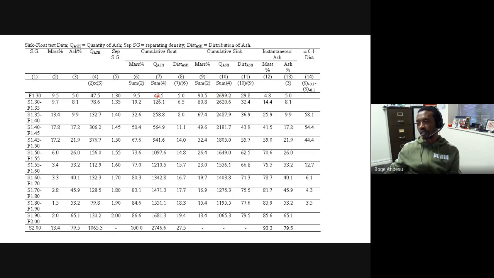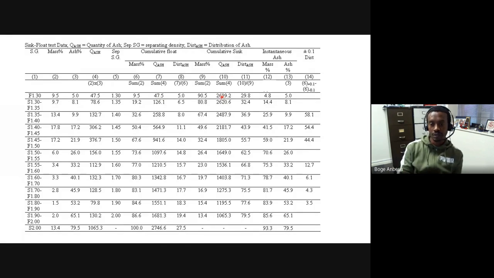Okay, so what is it saying? Of the total ash, 47.5 is in that first media at 1.3, which went to the floats, which means 2746, which is this one, minus 47.5 should give me what has gone to the sink.